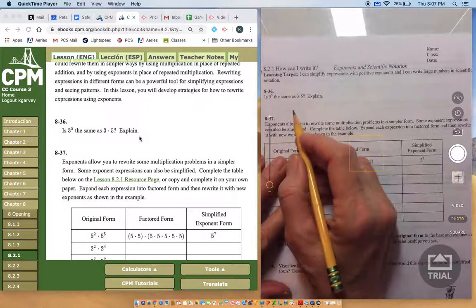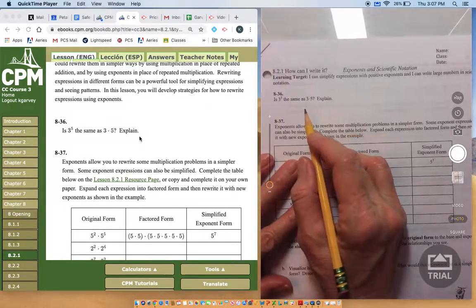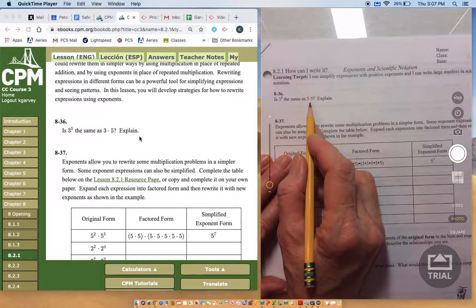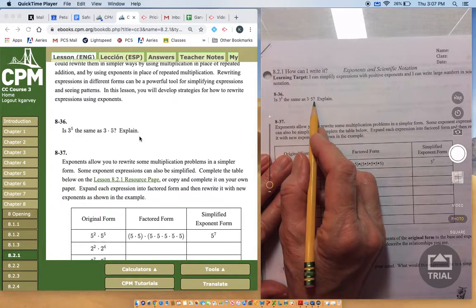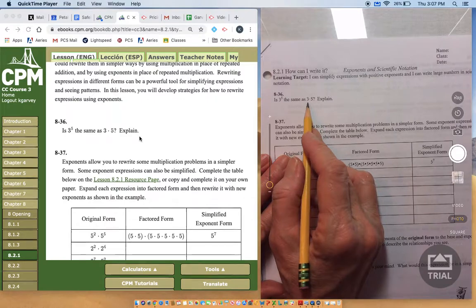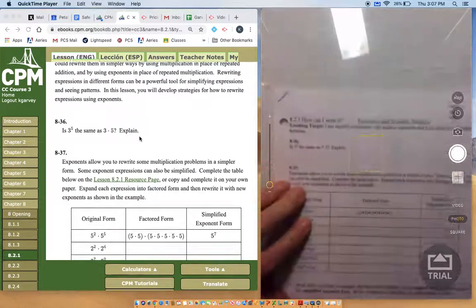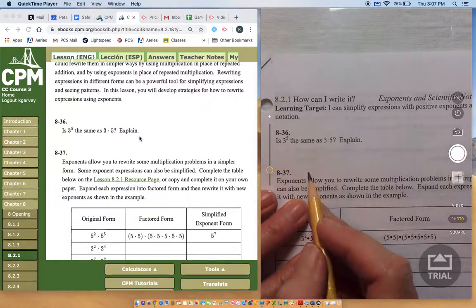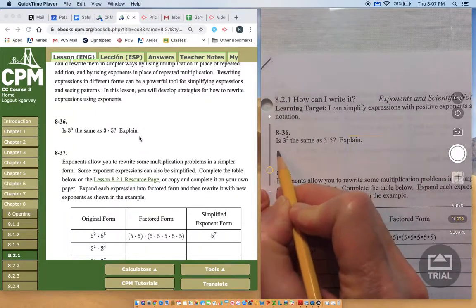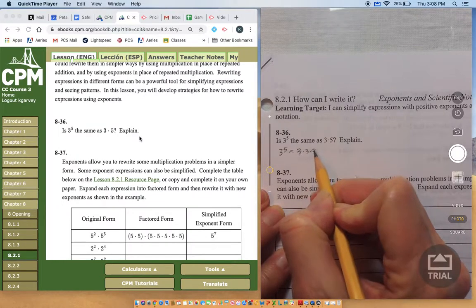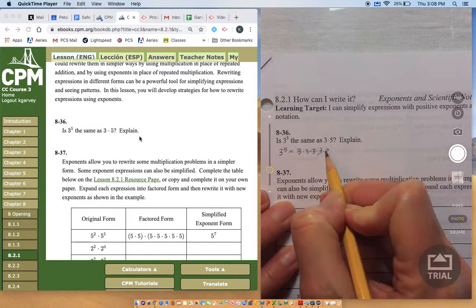All right, you've had a chance to work on this problem yourself. Is 3 to the 5th power the same as 3 times 5, or we could also express it as 5 times 3? 3 to the 5th power can be factored out this way. So 3 to the 5th power is equal to 3 times 3 times 3 times 3 times 3.